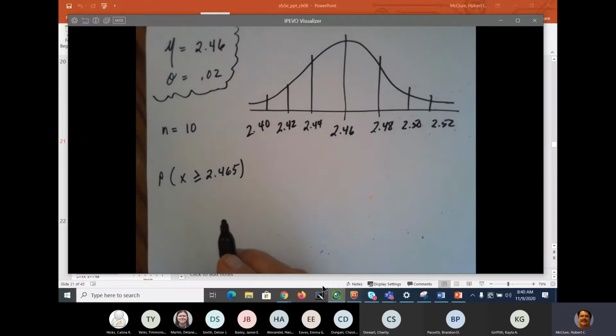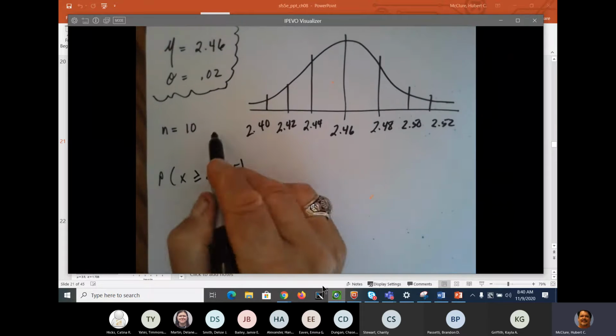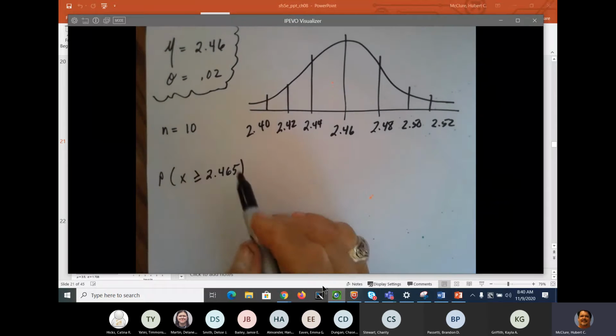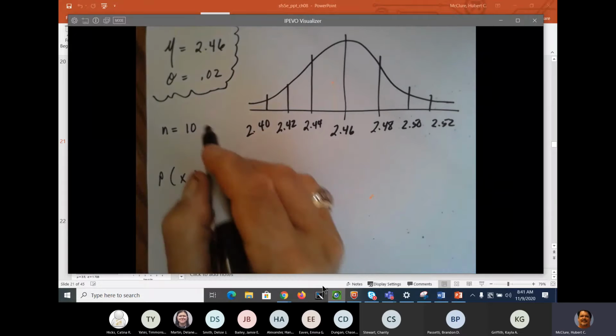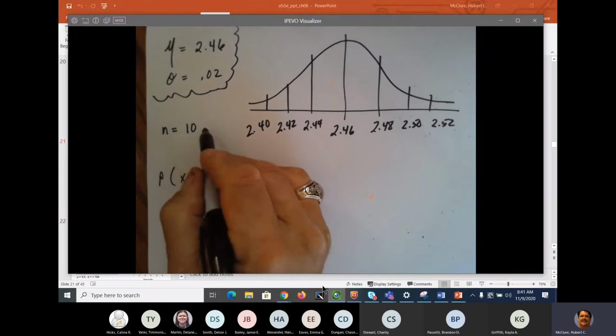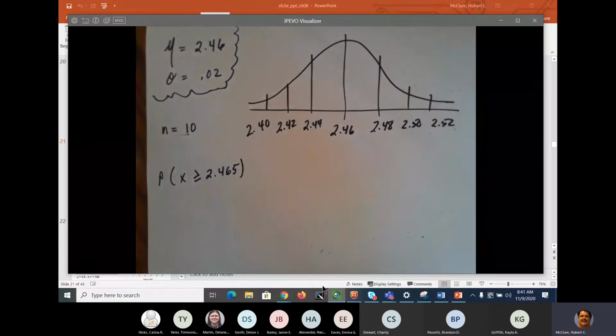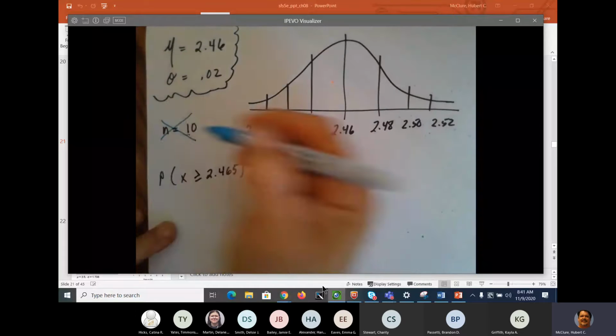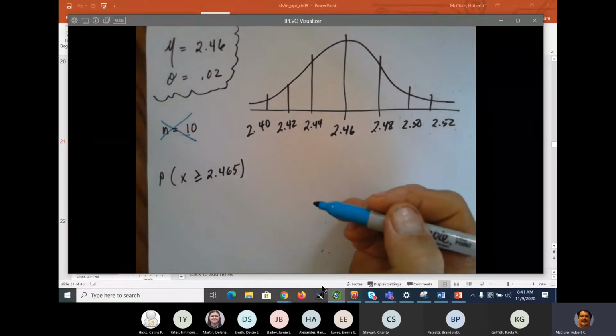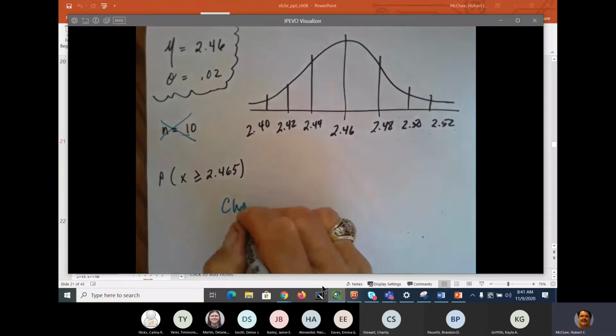And then they said, if you pick 10 more people or 10 groups or whatever, what is the probability that in that 10 groups, you're going to have a score of 2.465? Now, if this was not here, this would be a chapter 7 problem. So let's do chapter 7. Let's do it in blue. So I'm going to put an X through this in blue, and we're going to do chapter 7.